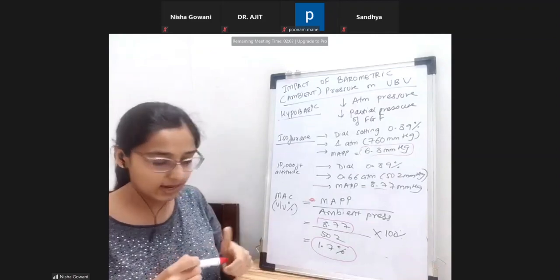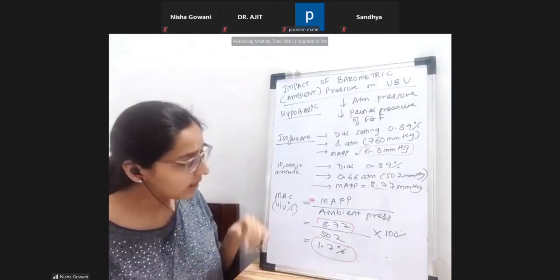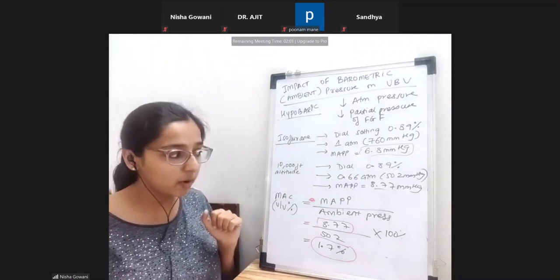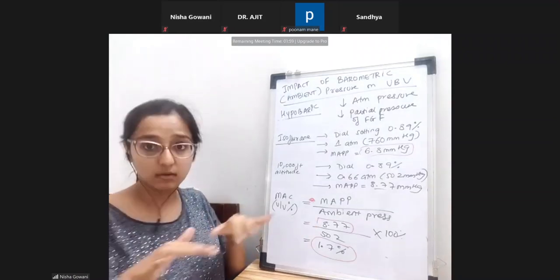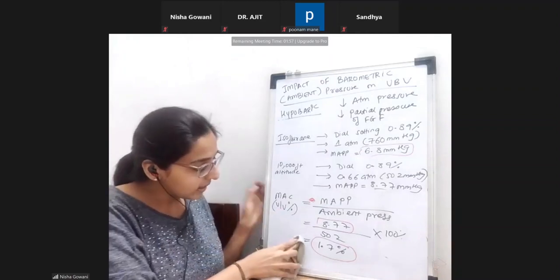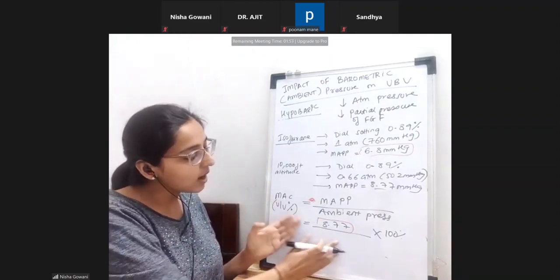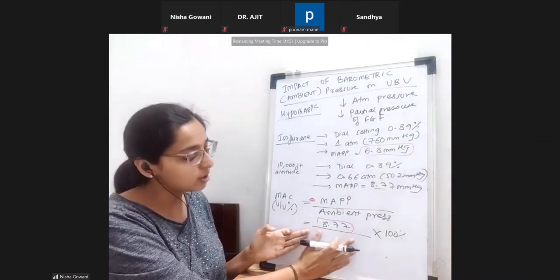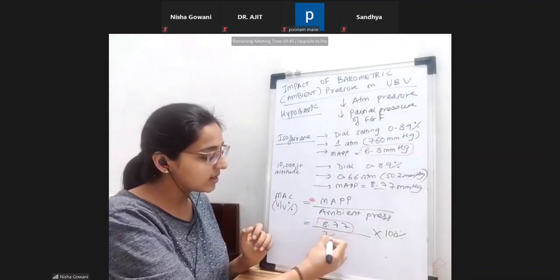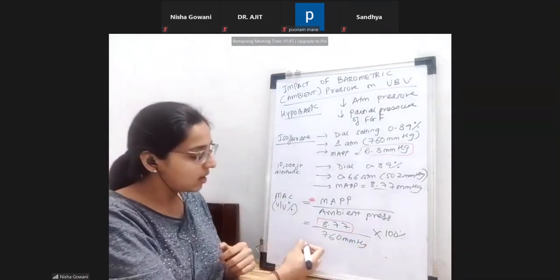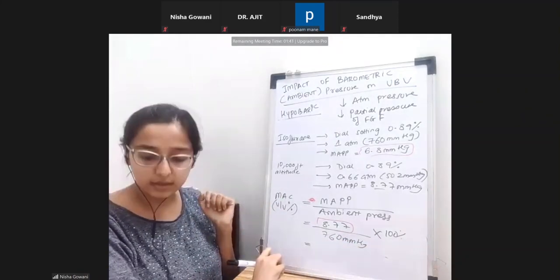So they realized, let me see what happens when I give a MAP of 8.77 at normal ATM. They did one more calculation to check. Suppose I am at the sea level, at 760 ambient pressure.